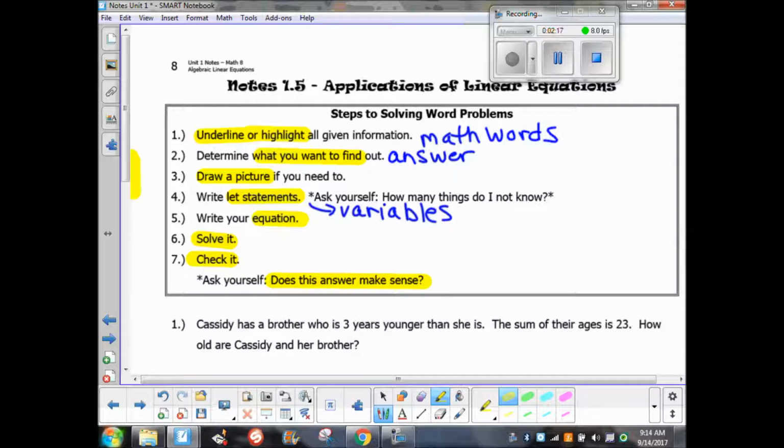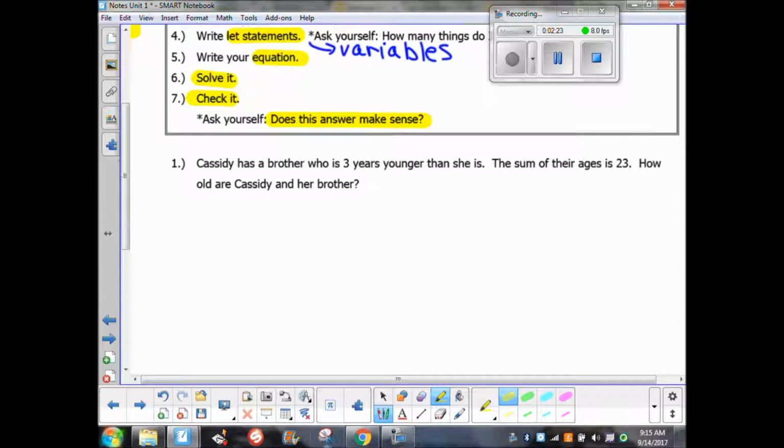It says Cassidy has a brother who is 3 years younger than she is. So who's older, Cassidy or the brother? Is Cassidy the oldest?